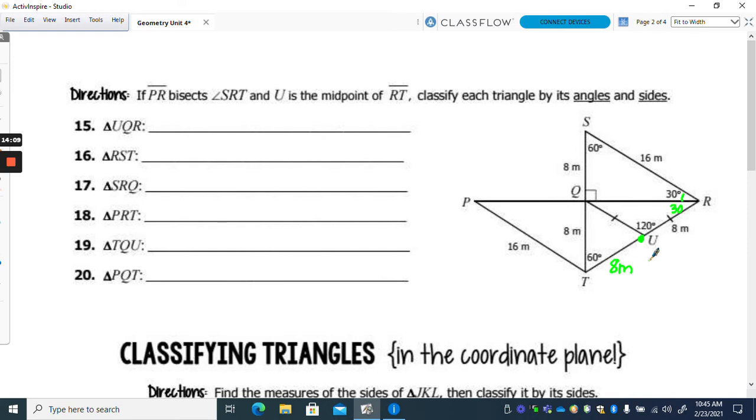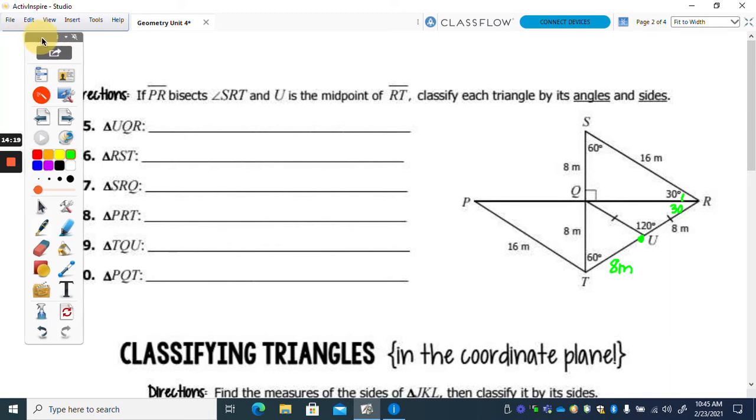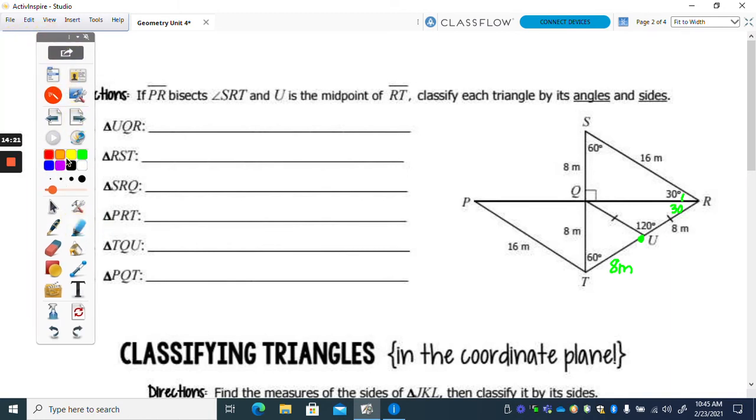Then it says classify each triangle by its angles and sides. So we're looking at triangle UQR. Look at this triangle, and we're looking at its angles.